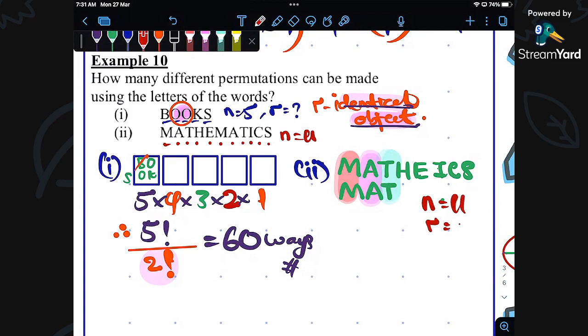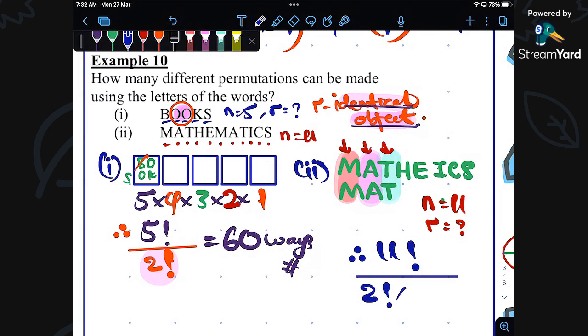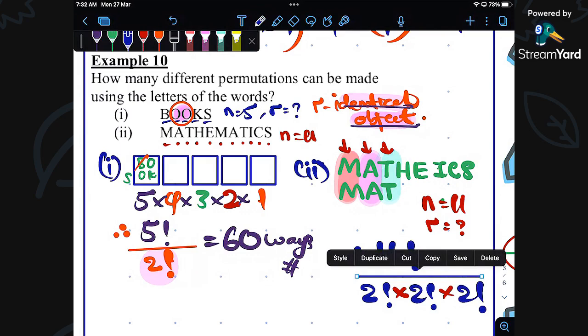Then how many is my R? I got 3: 1, 2, 3. 3 different alphabets each have 2 identical objects. So the way we write our answer is 11 factorial divided by 2 factorial. And this is what we must not forget: times 2 factorial and times another 2 factorial. So this is the answer.